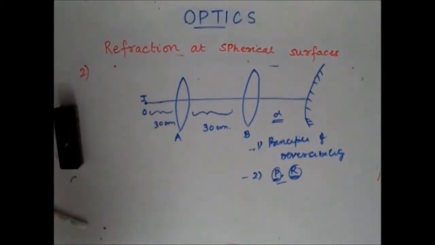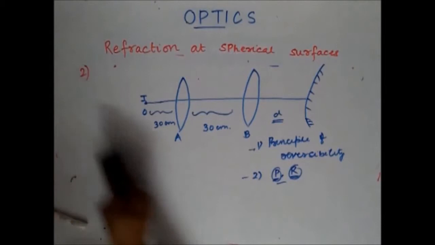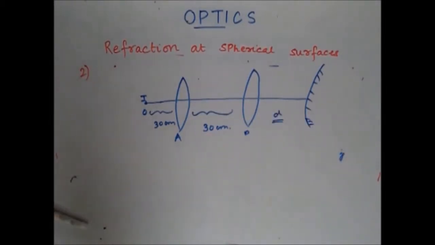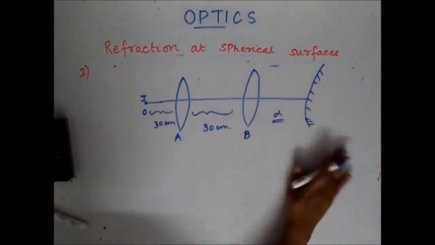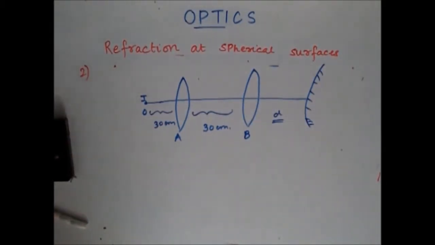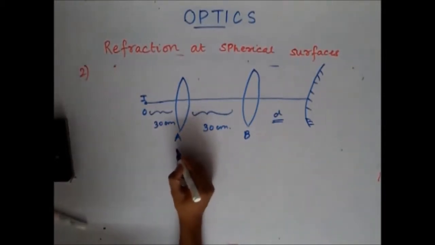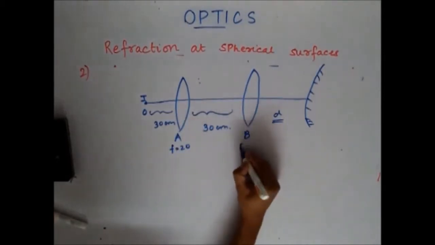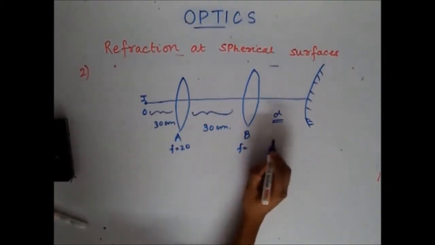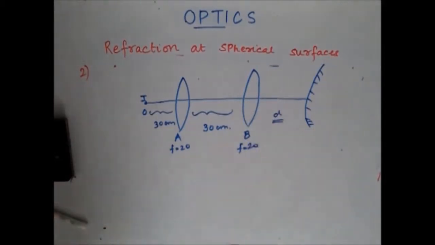Okay, so now let's see how to solve this question. In this question, how do you proceed? Well, you see that here the focal length is given as 20 for both the convex lens.